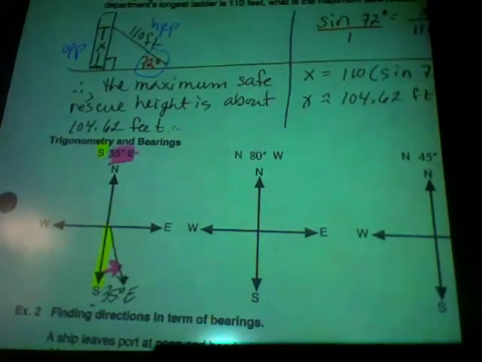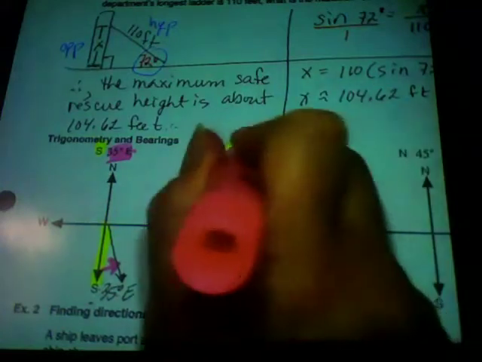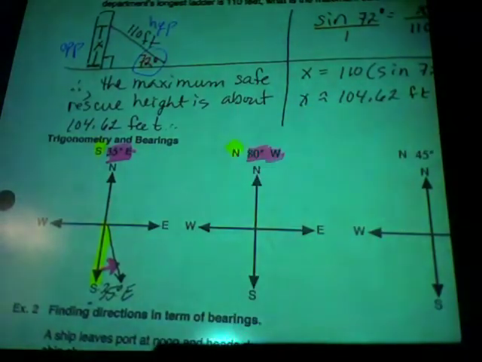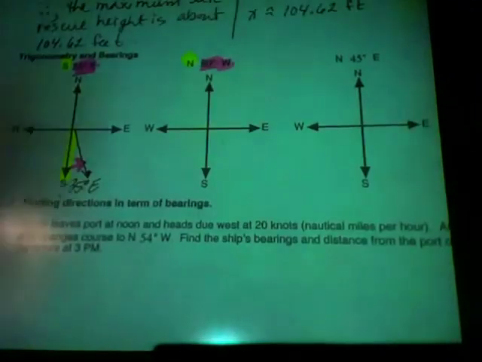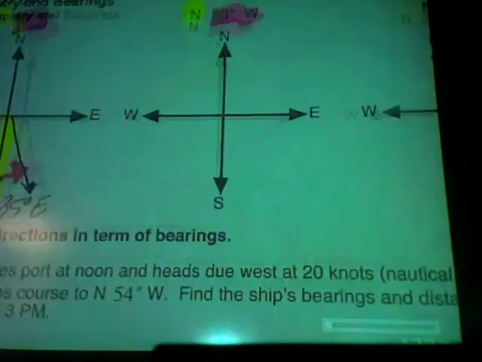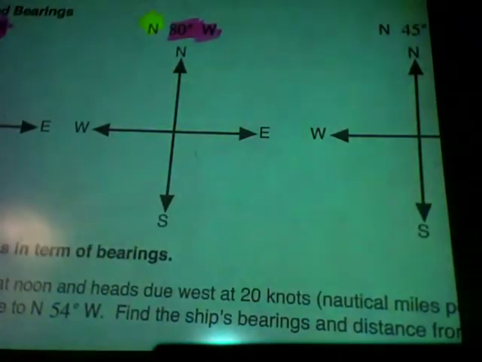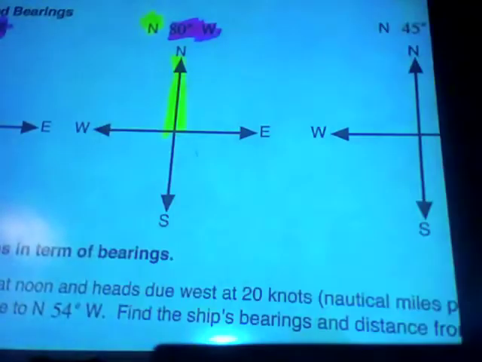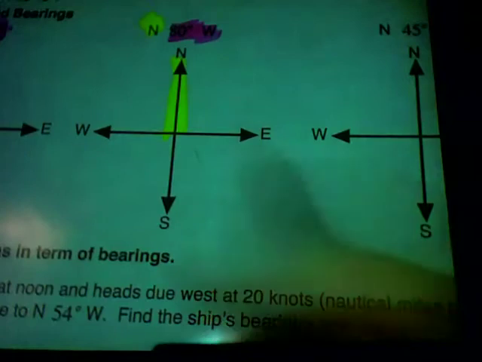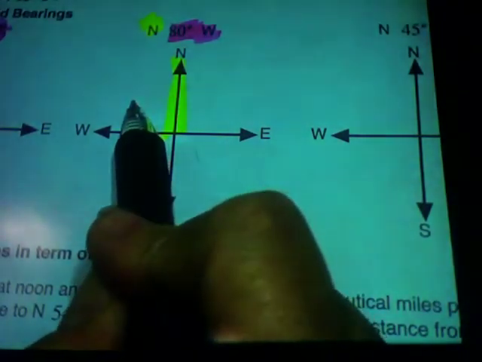All right. So north and then 80 degrees west. I want you to put down what you think it might look like. So north would be from this axis, correct? Up here. And if I'm going west, it means I'm going in this direction, right here, 80 degrees.